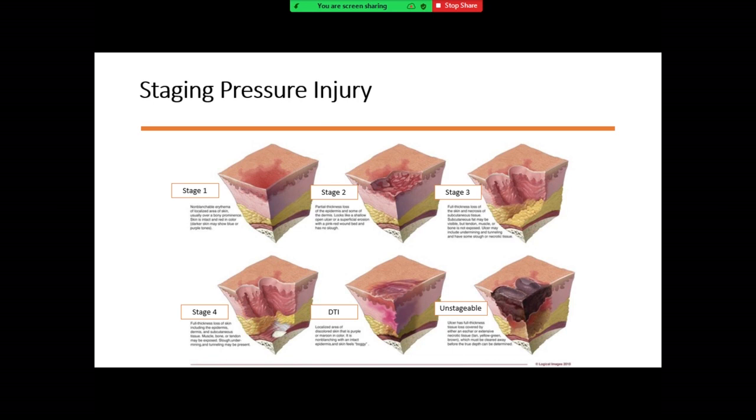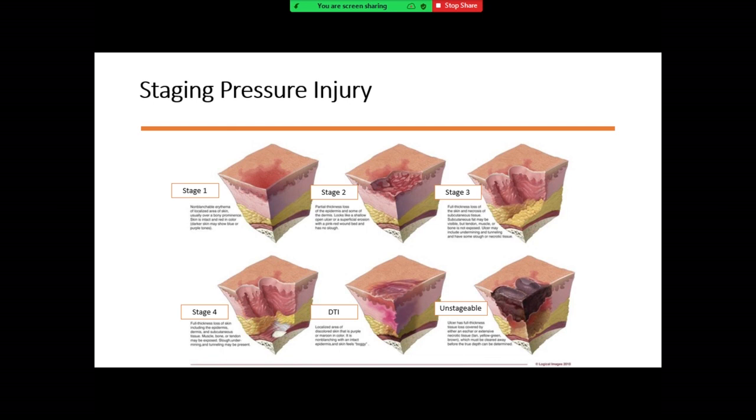And again, you may have a blood-filled blister or the skin is intact, but you just have this real boggy, can be tender type of appearance. The problem with deep tissue injuries is that over sometimes 24 to 48 hours, that top layer is gone and it's already a stage 4. And so that's a really big problem. If you have a DTI, we need to offload it. We need to address it because it can progress very quickly.